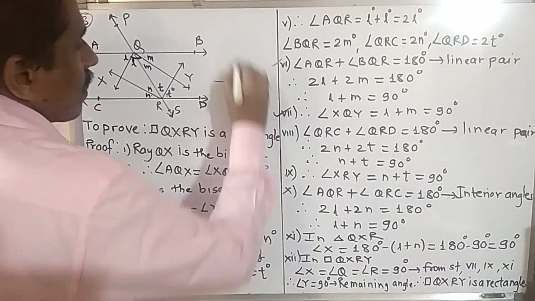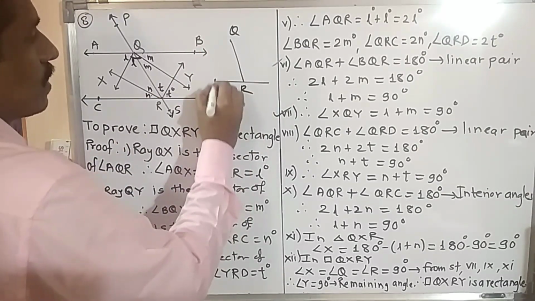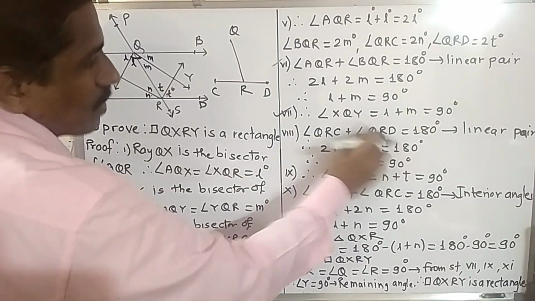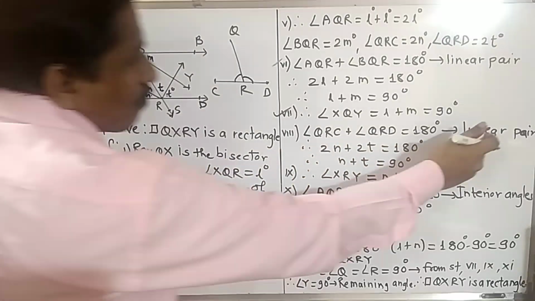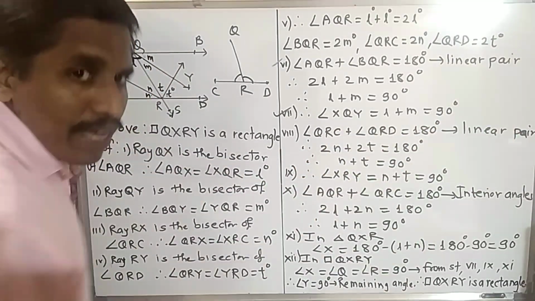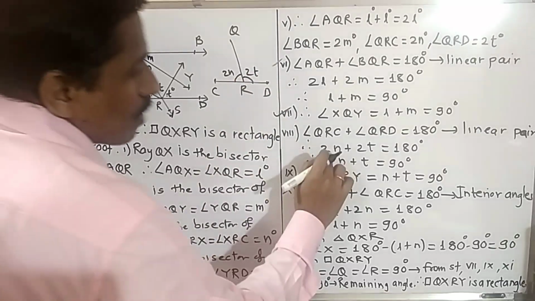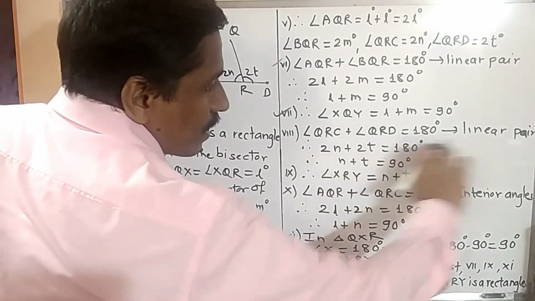Now I will consider these angles. What are these angles? QRC and QRD. They form a linear pair. Linear pair angles are supplementary. This is 2N, this is 2T. Therefore 2N plus 2T is equal to 180 degrees.